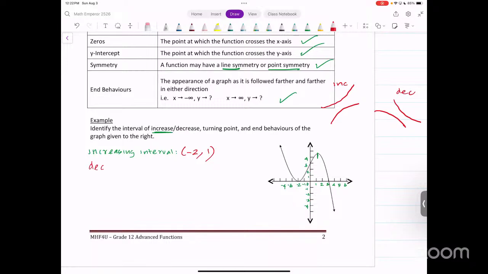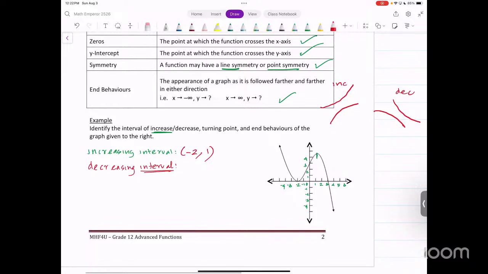Now we're going to go back to the decreasing interval. Kevin, which interval is decreasing? 4 and 1. I want that exact answer in interval notation. Just saying 1 and 4 is not interval notation. But something to note: when the arrow mark is there, it is basically saying the graph is going on forever.